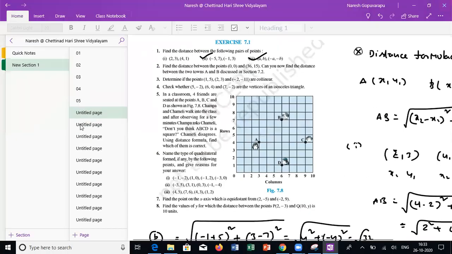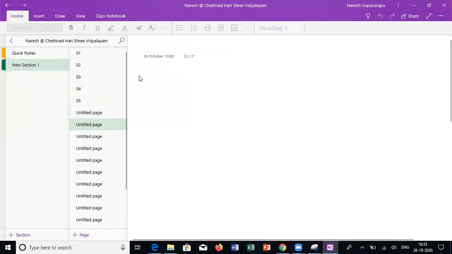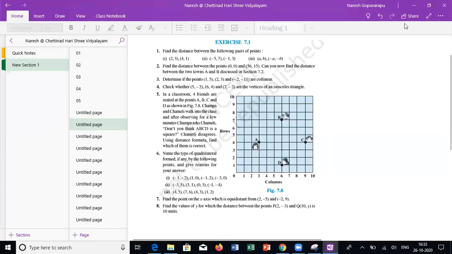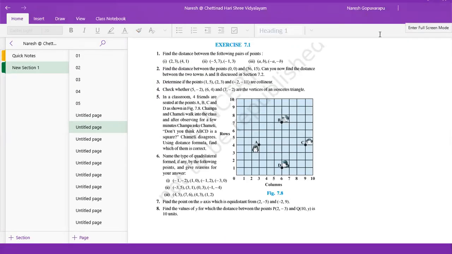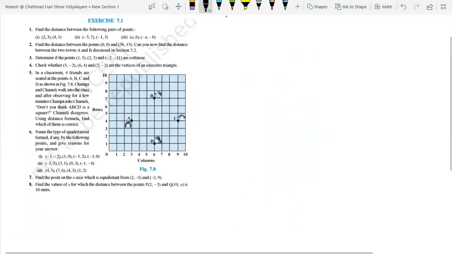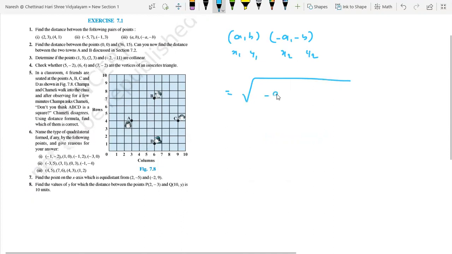Coming to question number 3: A comma B, minus A comma minus B. Last class we already did this one. X1, Y1, X2, Y2. Applying the distance formula, minus A whole square plus minus B whole square.